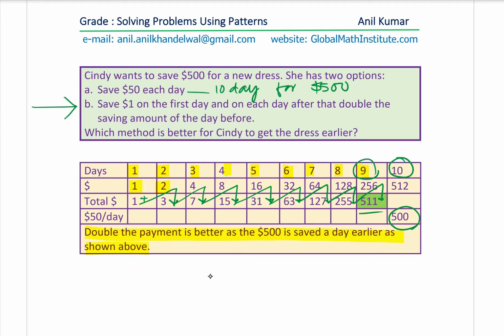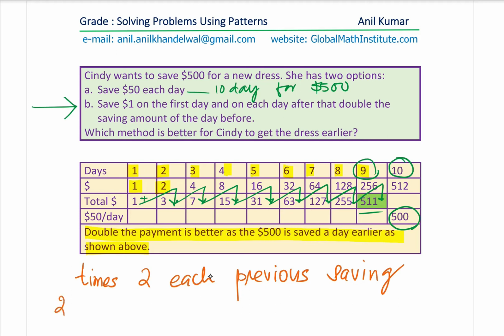Now this is a very interesting pattern. You'll find the numbers are times 2 each time, right? So remember this, we are doing times 2 each previous saving. Is that clear? So we are doubling, right? So that means we have to do something with 2, and then we have 2 times 2, and then we have 2 times 2 times 2, and then we have 2 times 2 times 2 times 2, and so on, right?